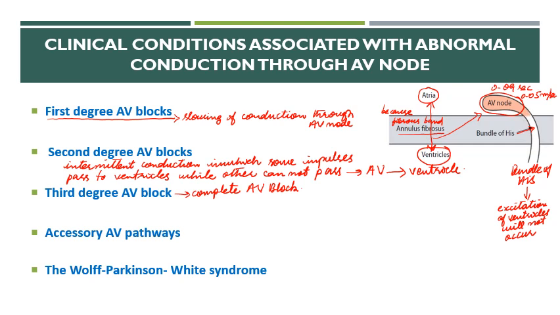In this type of block, impulse transmission stops from AV node to ventricular muscle, and due to that the ventricular excitation and then contraction cannot occur.